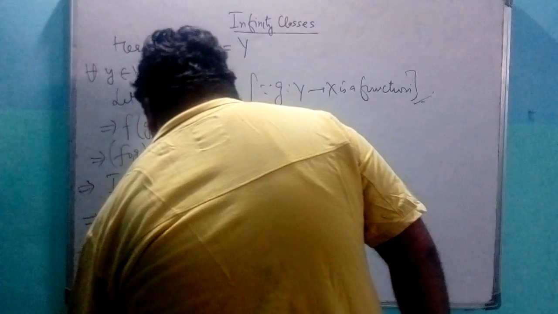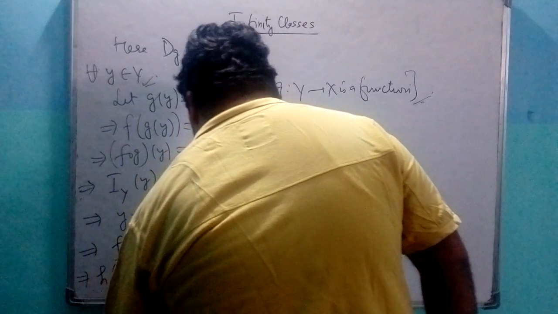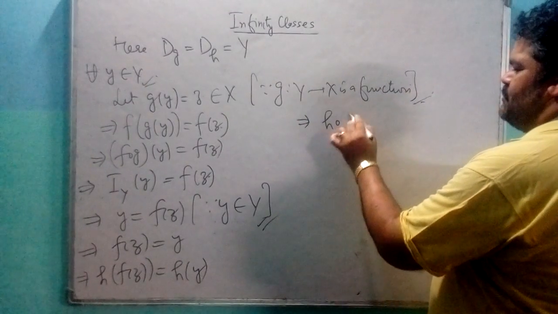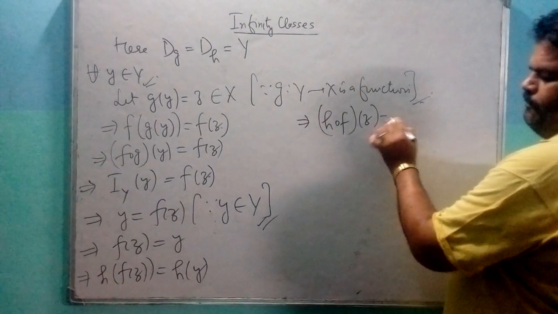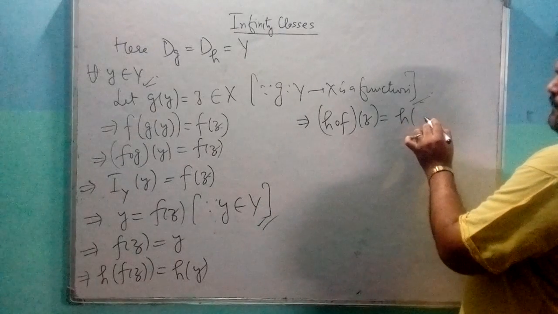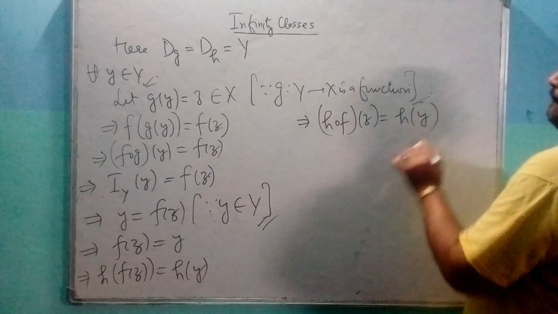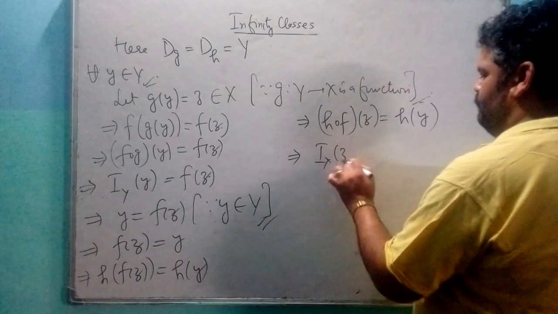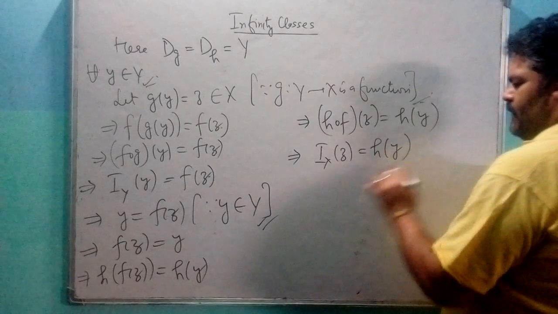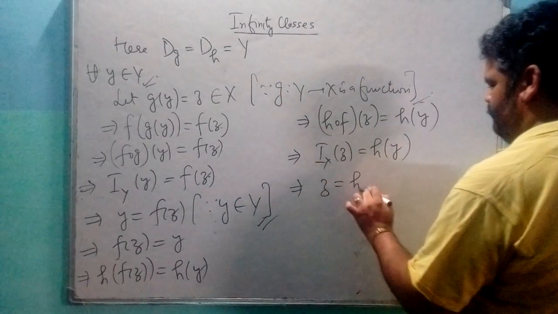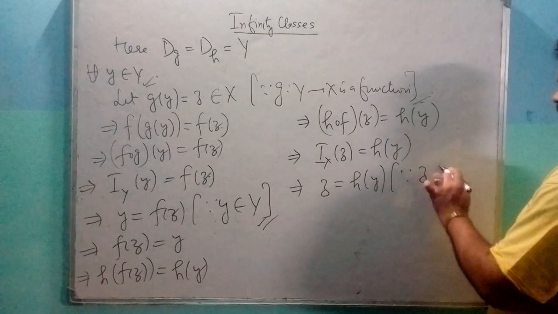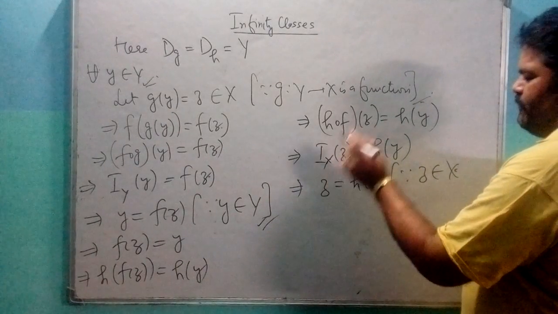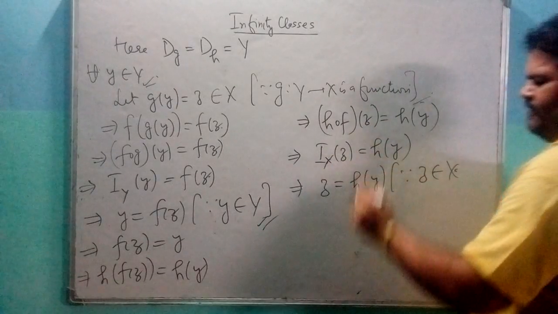Operate h function on both sides. So we get h of f of z is equal to h of y. h of f is identity on X. So this is z, because z belongs to X and I_X is identity on X, so it fixes the elements of X. So I_X of z is z.